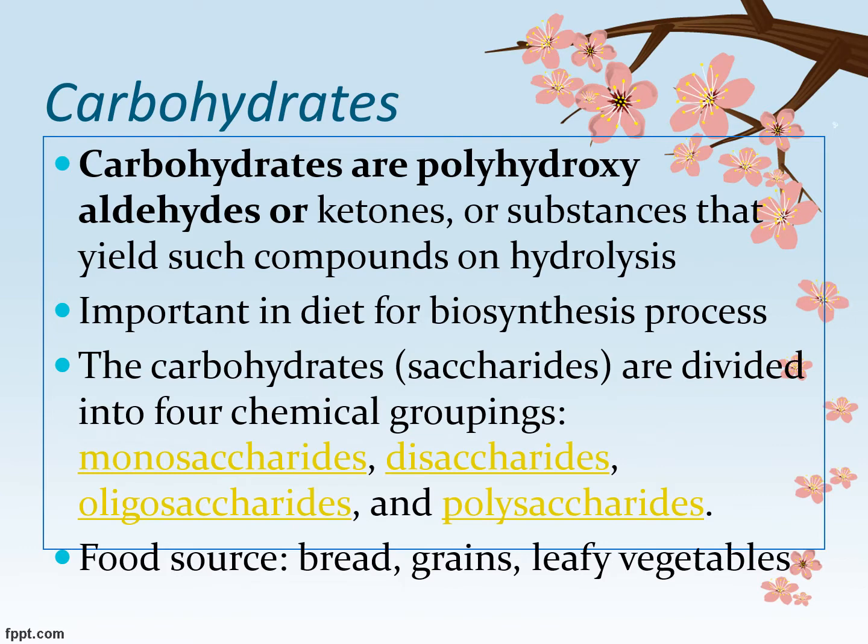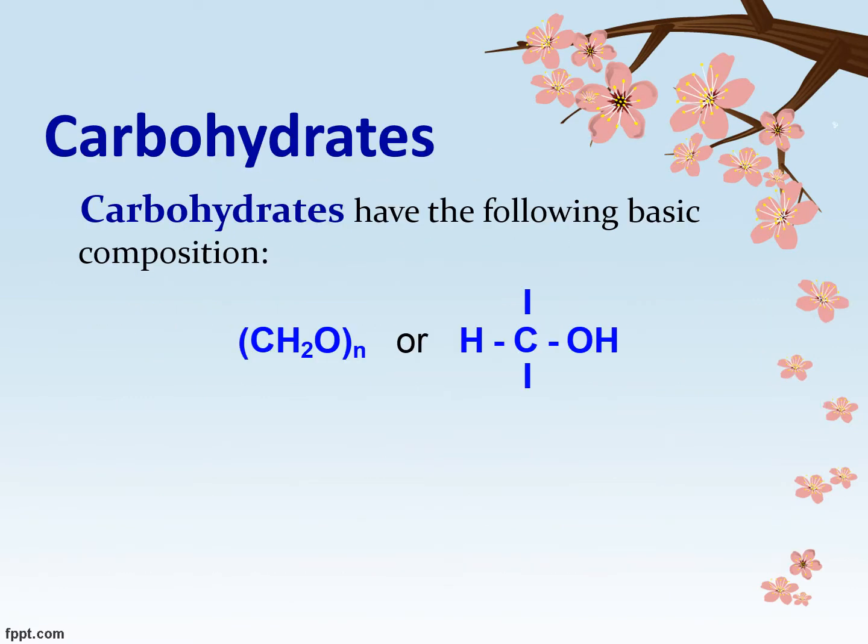So examples of food sources that are rich in carbohydrates are bread, grains, and also leafy vegetables. So the general formula for carbohydrate is CH2O. Okay, so the basic composition of carbohydrate is CH2 and then O.